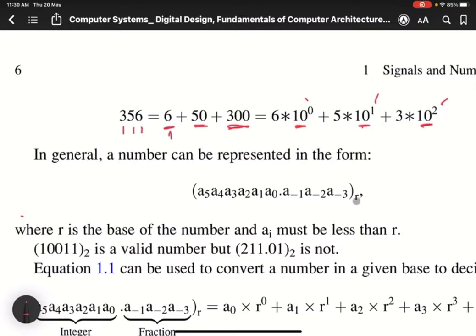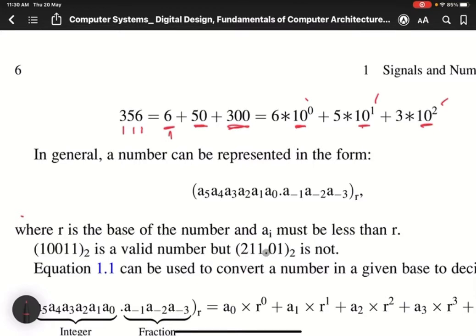If you are in binary, you will put 2 as the value of R because R represents the base. This is correct, but if you make it like this, it will be incorrect because in the base of binary, there is no number 2.